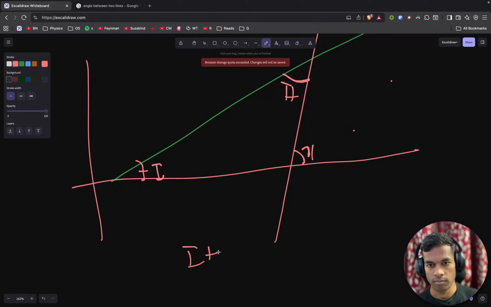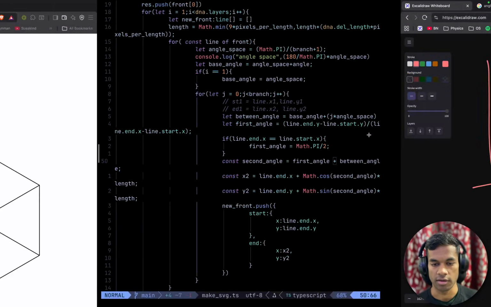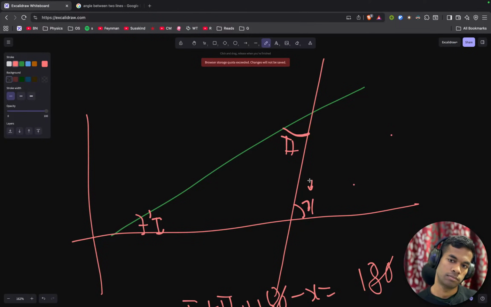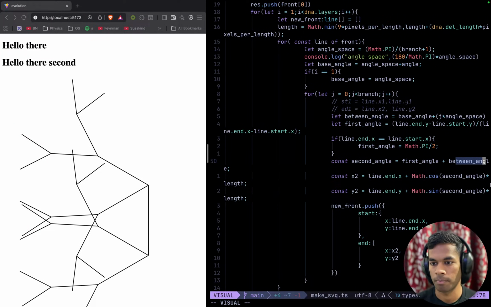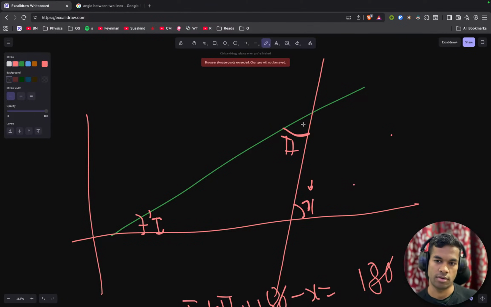Then 1 plus 2 plus 180 minus x equals 180, so x equals angle number 1 plus angle number 2. This angle equals the sum of this angle plus this angle, but only if this is this. But what if we have this angle?